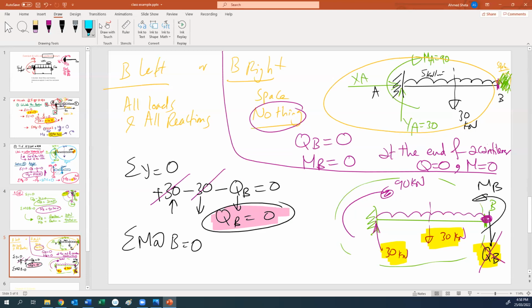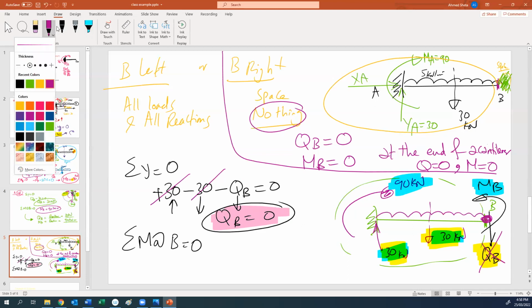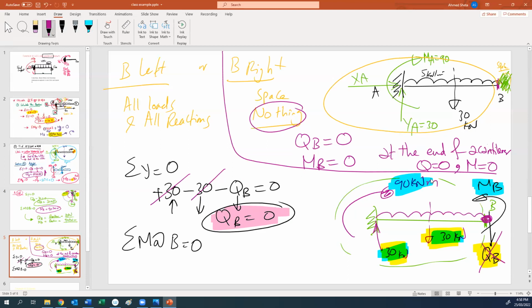So all these forces, MB, 30 kilonewton, 30 kilonewton, and 90 kilonewton meter will cause moment at B. If we apply the moment at B, we have MB positive because clockwise, minus, or this one also positive because it is rotating anti-clockwise, multiplied by 3, minus 30.